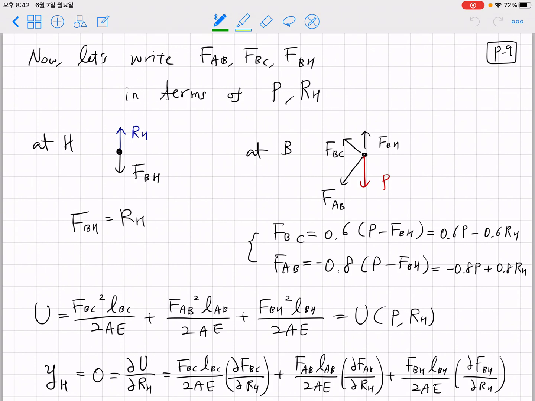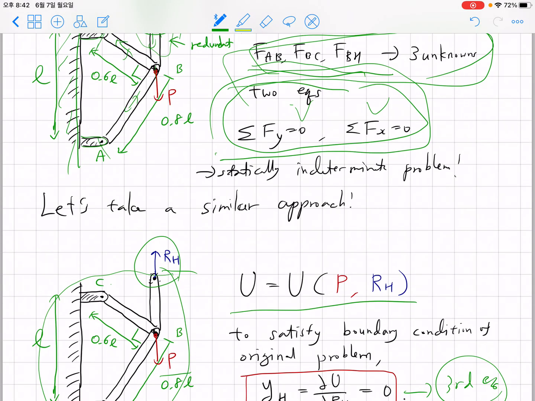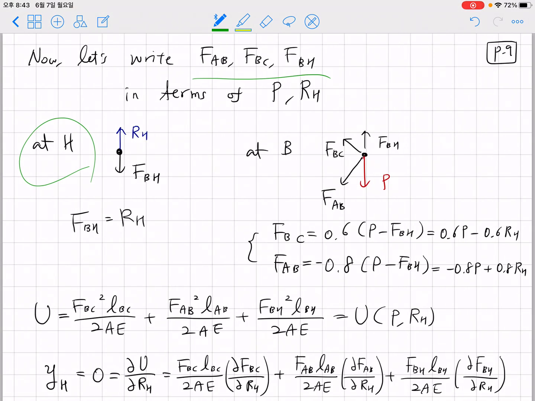Okay, so let's try to do so. The FAB, FBC, and FBH, yeah. So let's try to write that in terms of P and RH. First, at point H, you can think about equilibrium between FBH and RH, and as expected, RH and FBH should have the same magnitude.